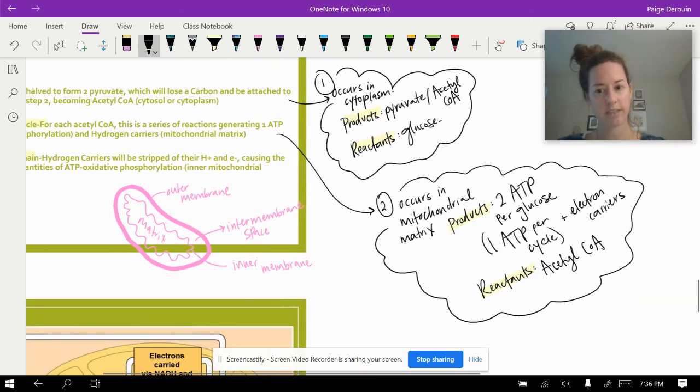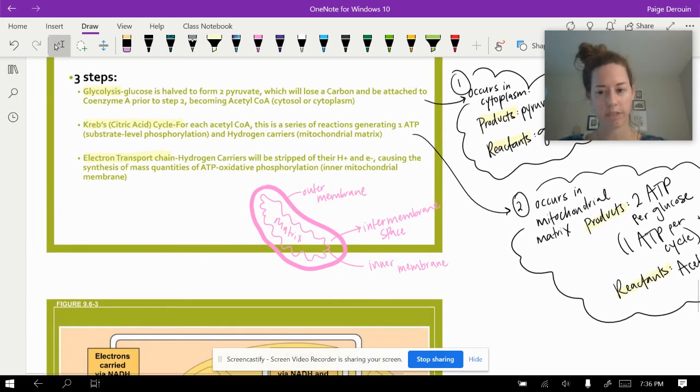And then finally, step 3 is where things really start to become super crucial, and that's the electron transport chain. The electron transport chain happens in the intermembrane space and also on the inner mitochondrial membrane. So the enzymes of the electron transport chain are embedded in the inner membrane of the mitochondria.